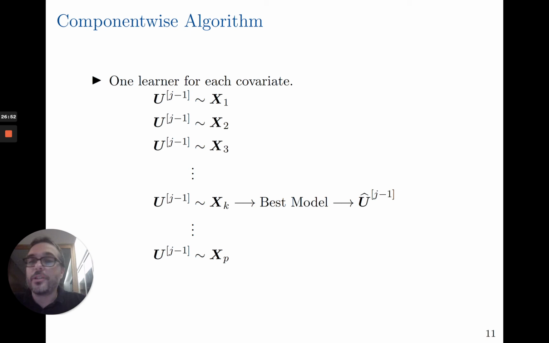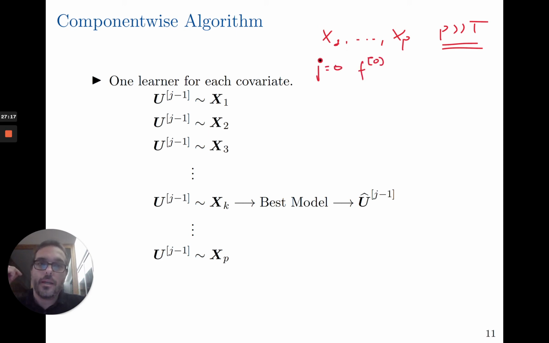So now let's imagine that we have a linear model. So our weak learner is a linear model. And suppose that at each iteration we have p covariates. P can be large, very large. So what we are going to do? We start with the average. So j equal to 0, f hat 0 is y hat.